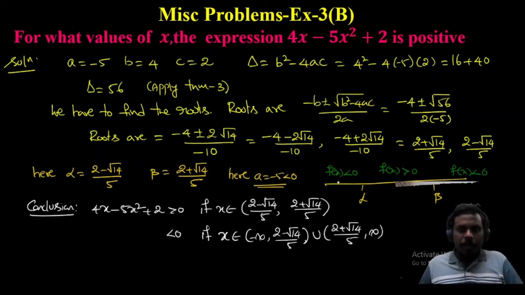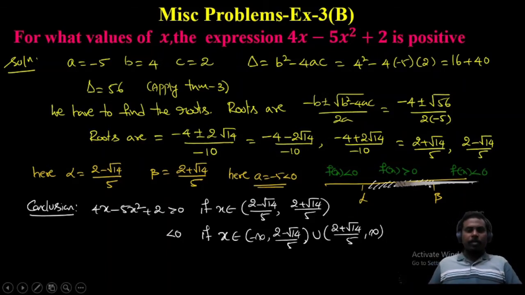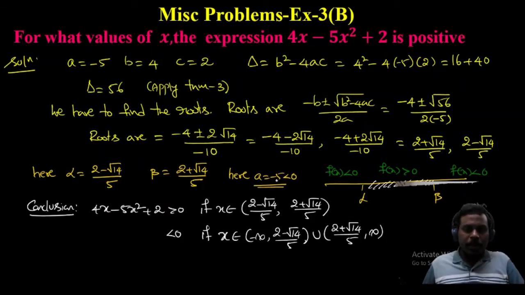So in the question they have asked when is the expression positive? Since a is negative, the expression will take the positive sign here. Okay, hope you have understood the answer for this. Let us solve the next question.